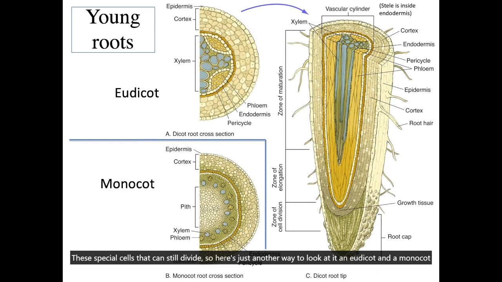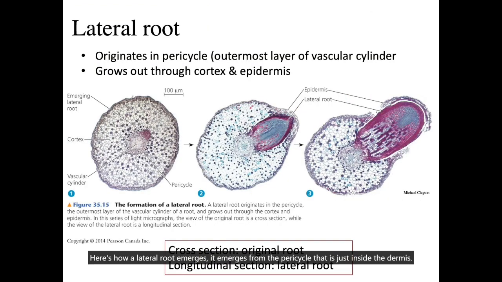So here's just another way to look at it, a eudicot and a monocot, and you can see the characteristic X shape of the xylem in the eudicot and the scattered xylem and phloem in the monocot. Here's how a lateral root emerges. It emerges from the pericycle that is just inside the endodermis.